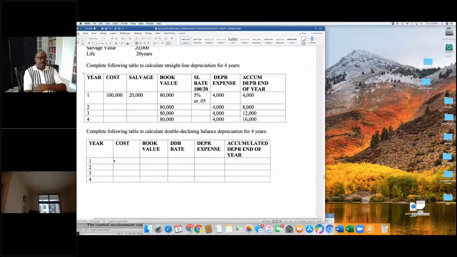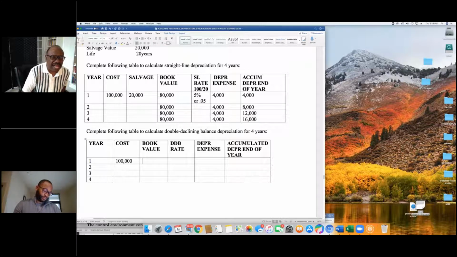All right, let's go to this one then now. So our cost is still 100,000. I have a question. So the book value doesn't change for straight line? Is that just double declining? Right.